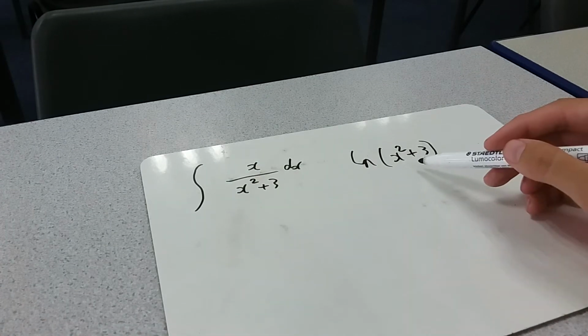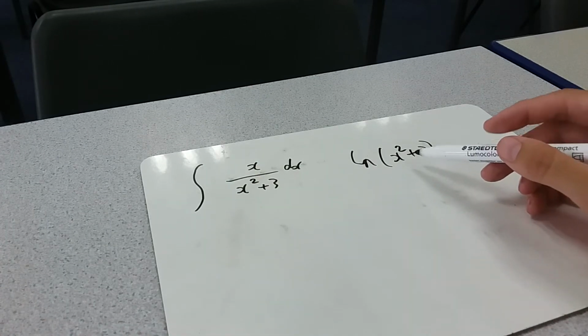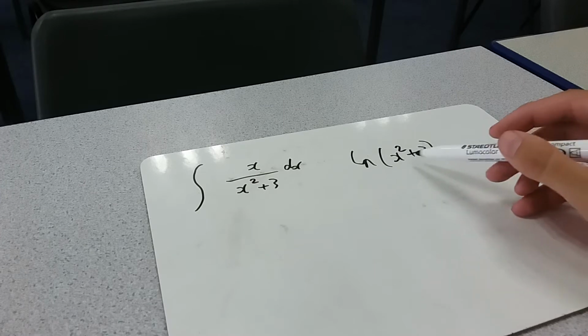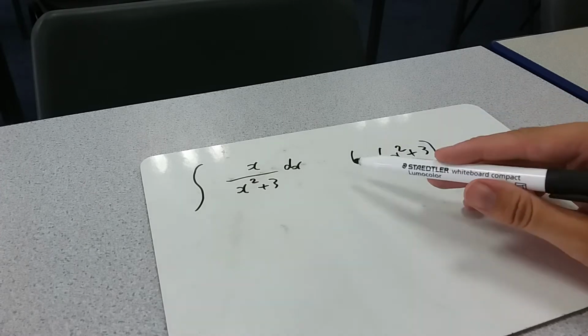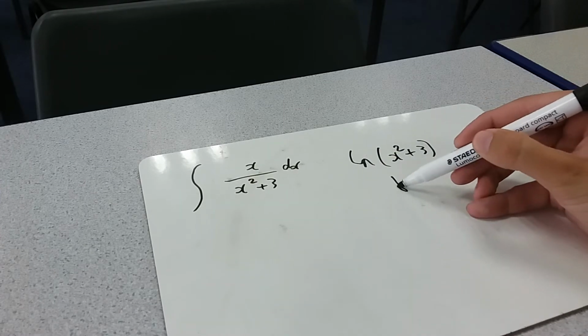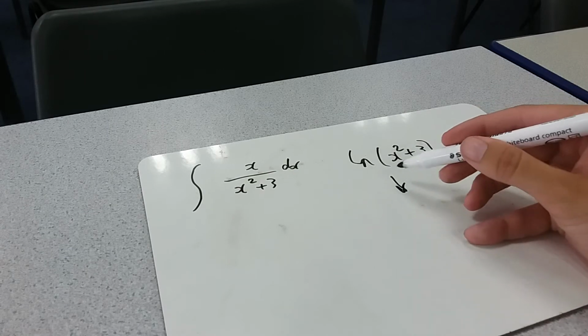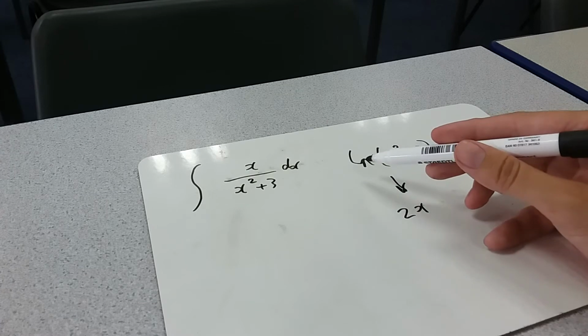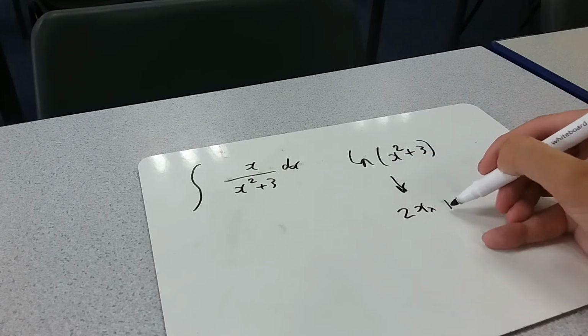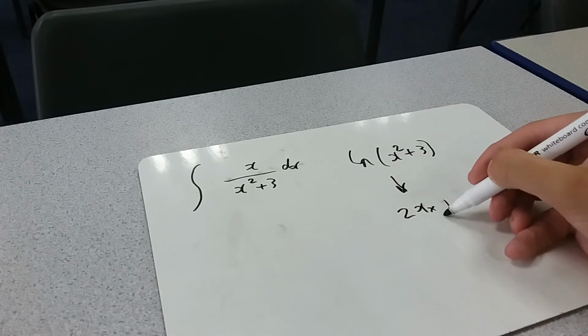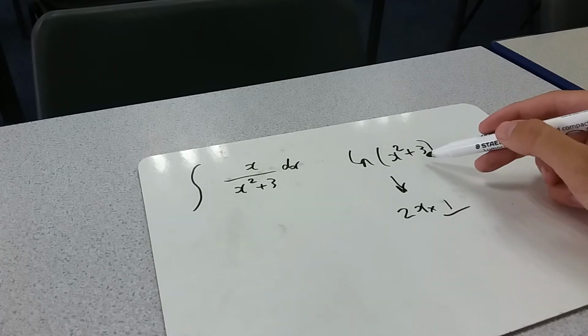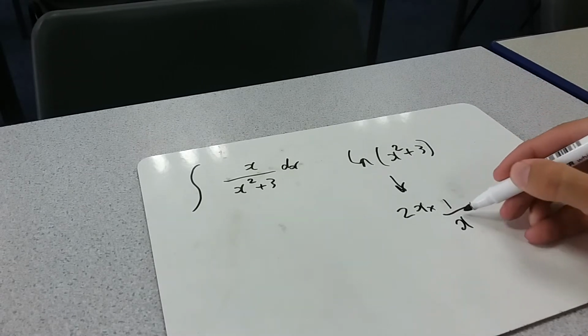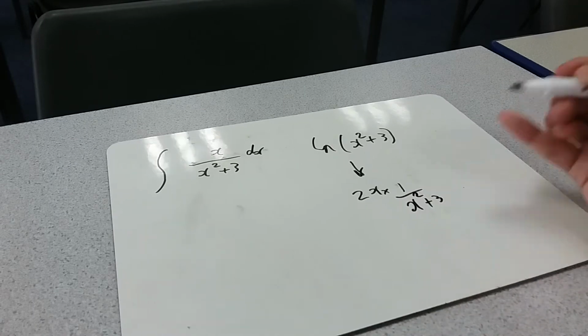If we imagine this thing here and we try differentiating it, what we do is we times by the derivative of what was inside, which would be a factor of 2x. So this thing here, it would differentiate to, well, we times by the 2x, the derivative of what's inside, and then it would be 1 over whatever was inside the log, which would be x squared plus 3.